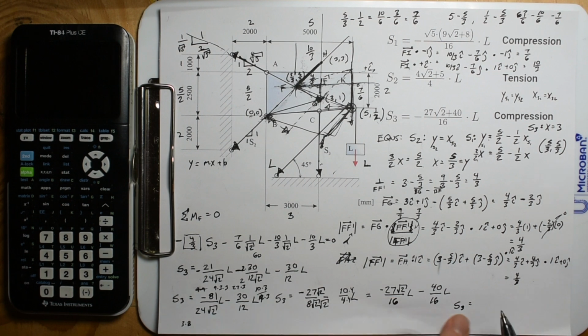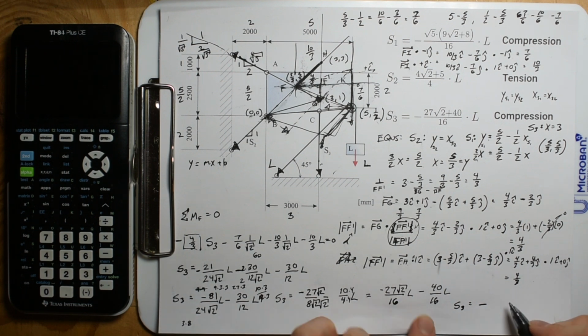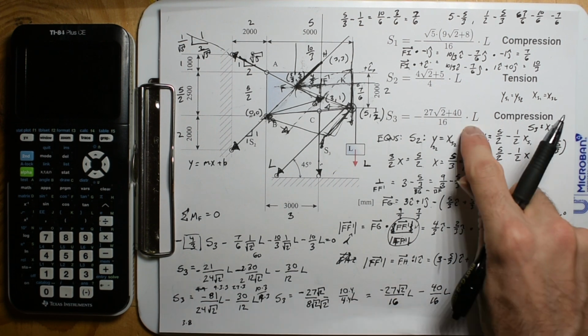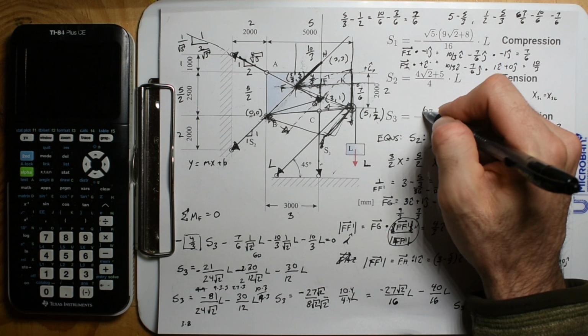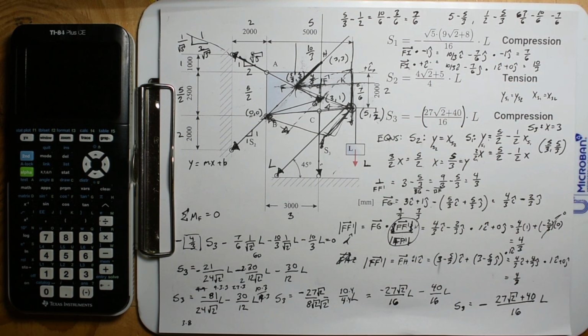We have a negative on both of them, so I'm going to put the negative right at the midpoint of the quotient: negative 27 square root 2 plus 40 divided by 16. And then put the L out here also at the midpoint of the quotient, so I don't have to put parentheses around that. That's implied. So now we have S3 is negative 27 square root 2 plus 40 divided by 16, L.